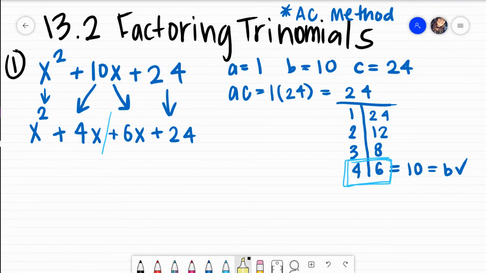So if I look at x squared plus 4x, the only thing they have in common is just an x. Now you do division. You do x squared divided by x. The exponent rule tells me to keep and subtract. And then here you're going to do a positive 4x divided by x.